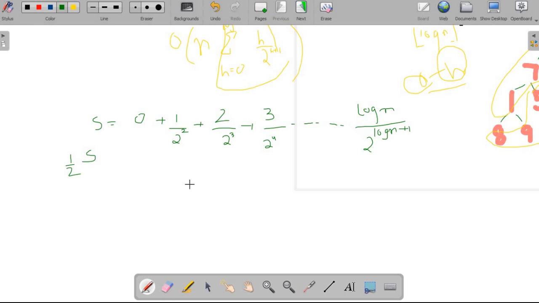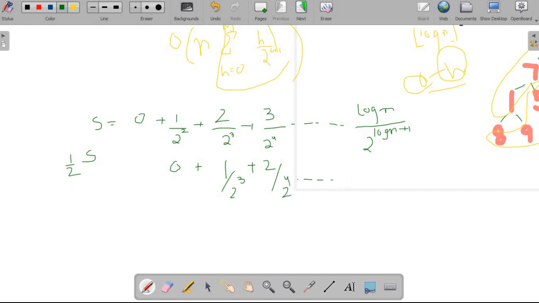Now just see carefully how I will convert these numerators into 1. Half into 0 will be 0. Half into this particular term is 1 upon 2 to the power 3. Then we multiply half by this, so I'll have 2 upon 2 to the power 4.